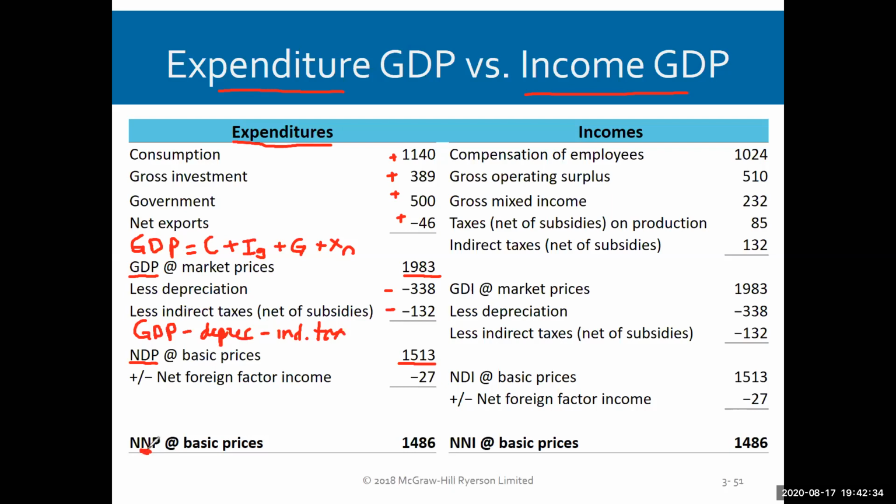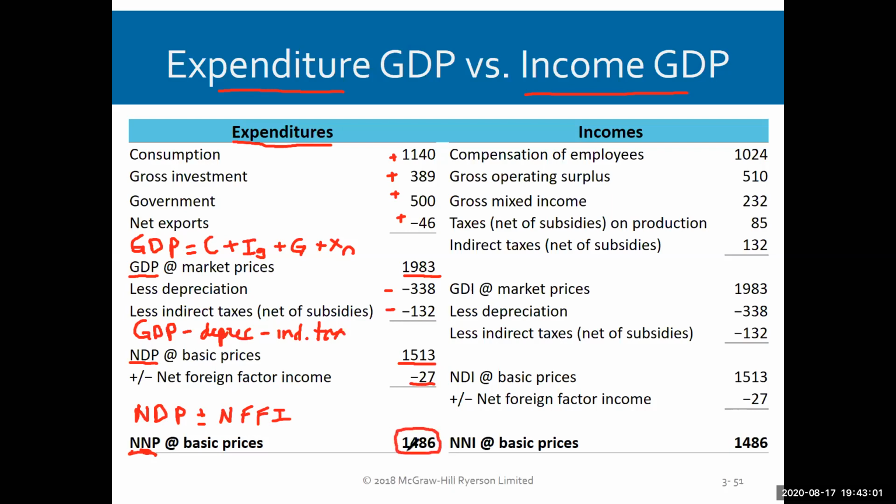But if we want net national product, then what we do is we take our net domestic product, which we just calculated, and we add plus or minus the net foreign factor income. And in that case, it's right there. And when that shakes out, we end up with net national product of 1486.